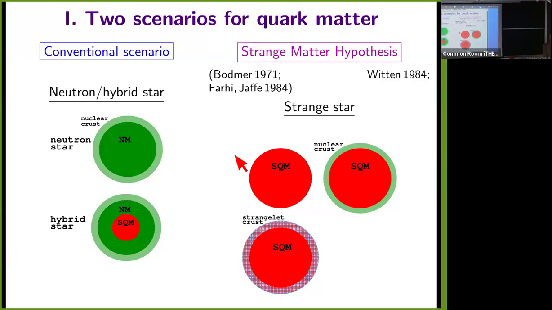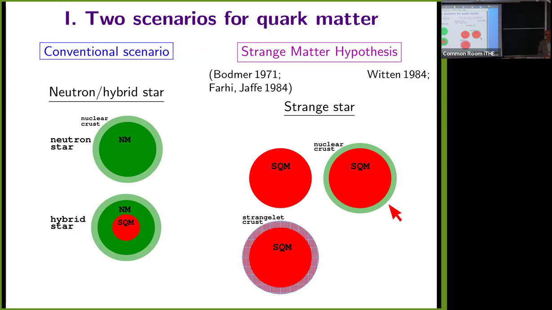Now, there are various forms that a strange star can take. You can just have a bare surface where the strange matter ends and then there's just vacuum outside. You can have a nuclear crust on a strange star.